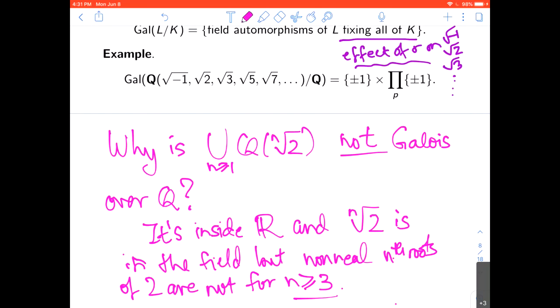There was another question, Keith, which is, when you say infinite, do you mean countably infinite? When I talk about an infinite degree extension, I'm thinking about how large a degree you can have. It depends upon the cardinality of the base field. If the base field were the rational numbers, then the algebraic closure only has countably many elements, so you can really only have a countable number of extensions.